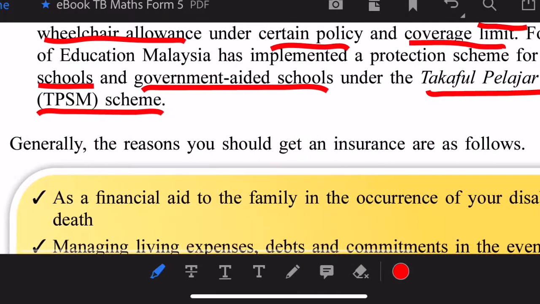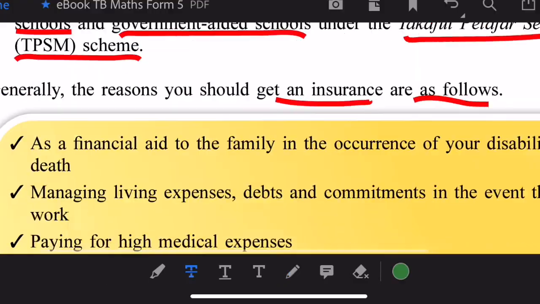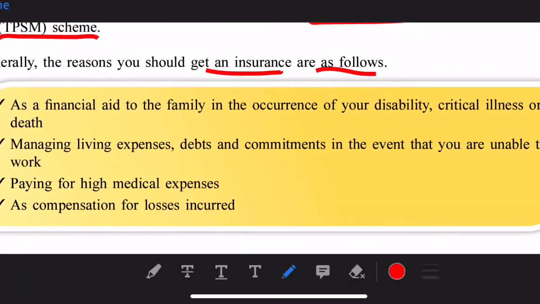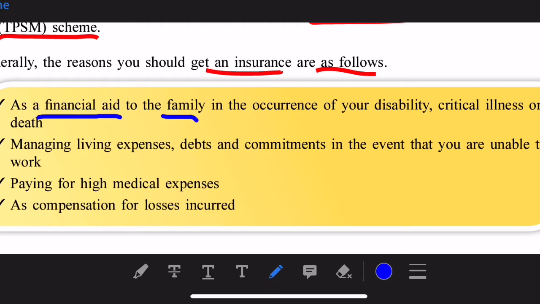Generally, the reasons you should get an insurance are as follows. As a financial aid to the family in the occurrence of disability, critical illness, or death.